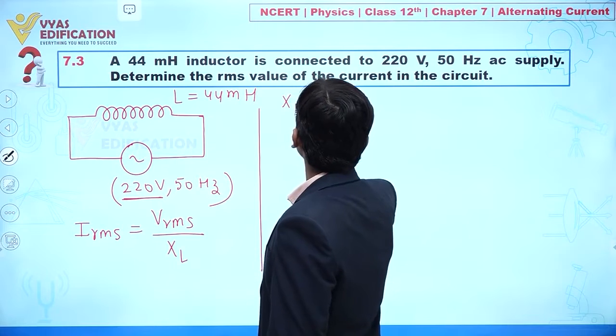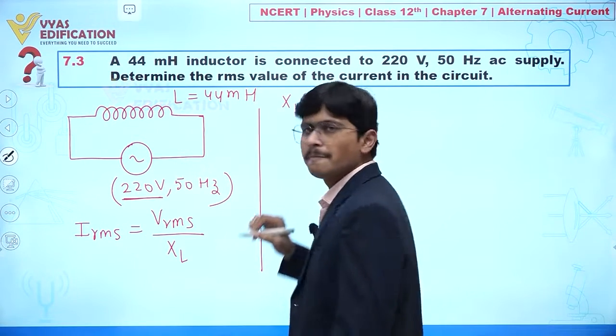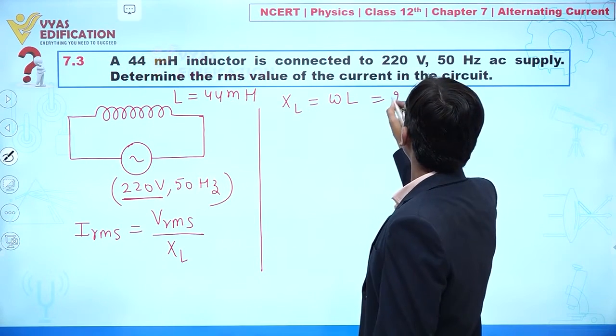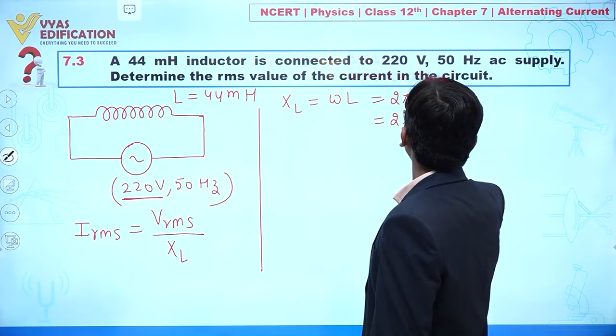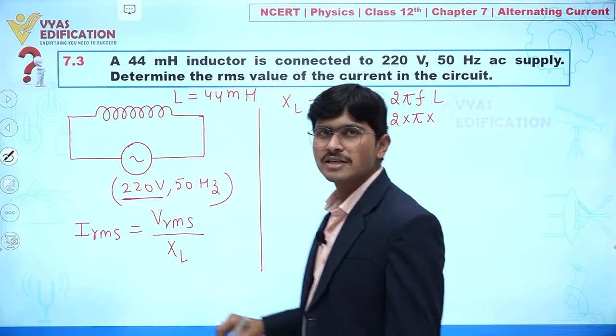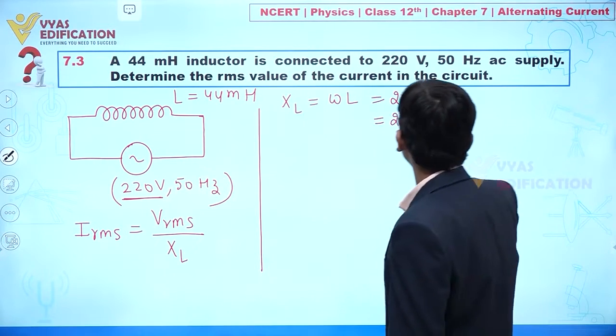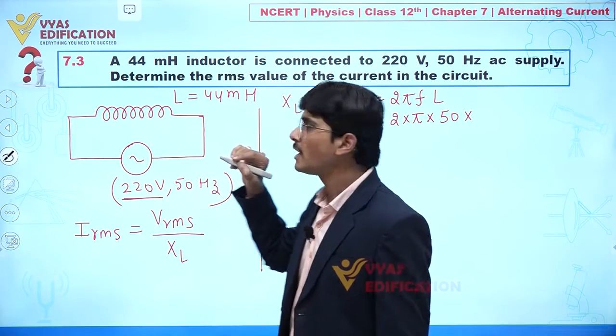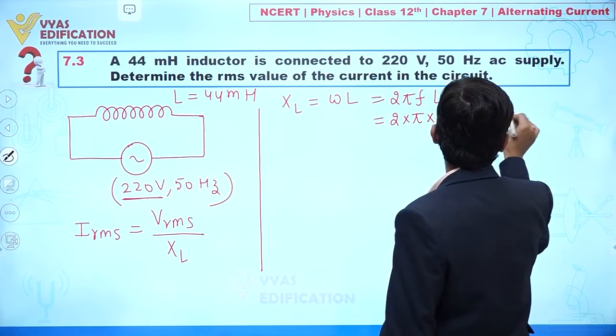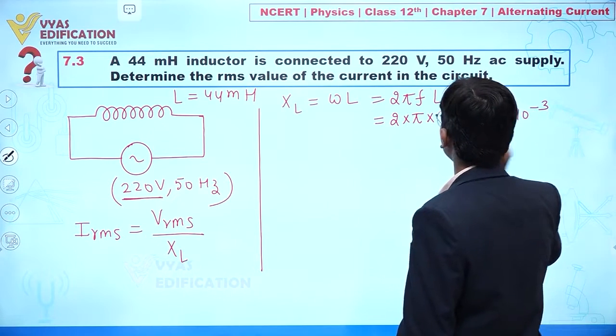So first can we calculate the value of XL? Yes. So XL value is calculated by omega L, clear. Omega we can write as 2 pi f L, clear. So 2 multiply pi multiply frequency. Frequency in this question is given as 50 hertz, and what about inductance? That is capital L, so 44 millihenry. So I can say this is 10 to the power minus 3, clear.